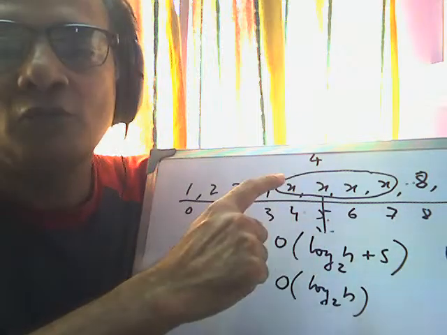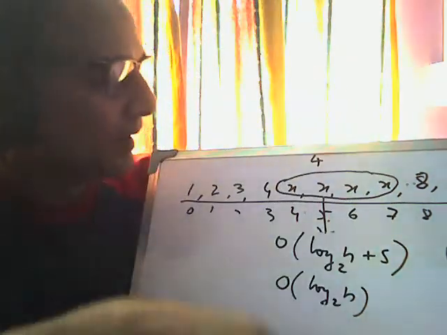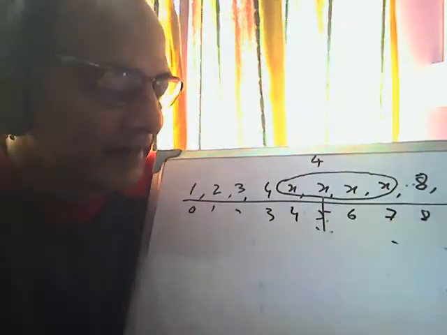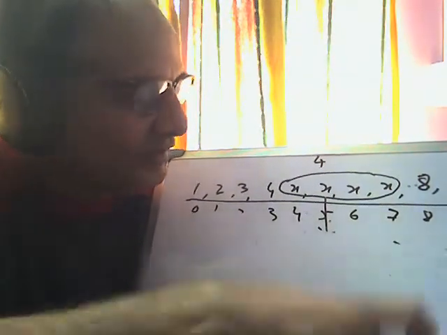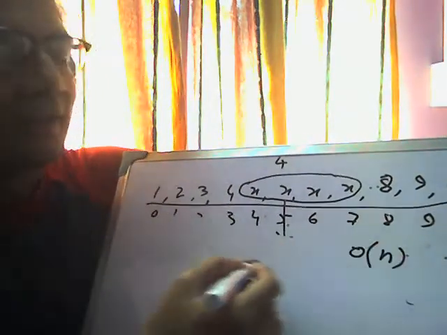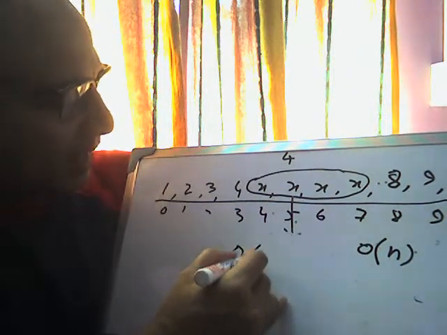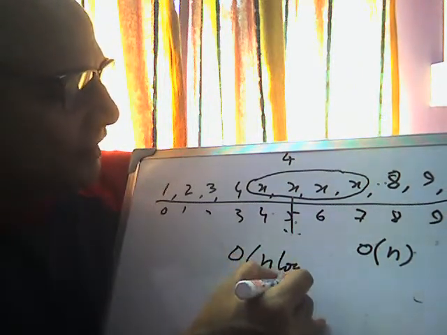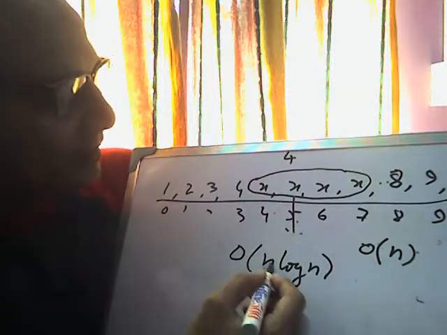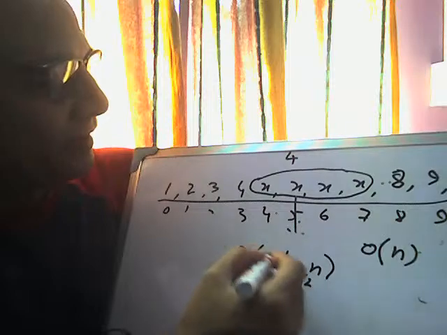Now if you do the sorting first and then do the binary search, what will be the complexity here? Initially, the linear search complexity is order of n. Now, if you do the sorting, the best complexity of a sorting algorithm is order of n log n, log base 2.